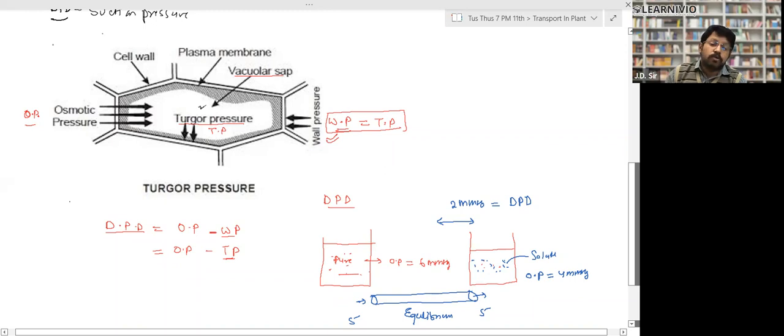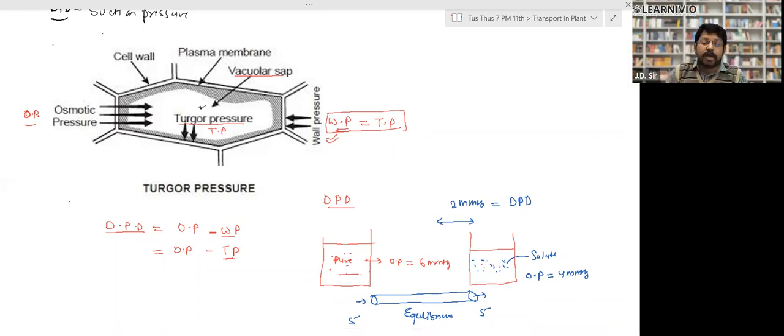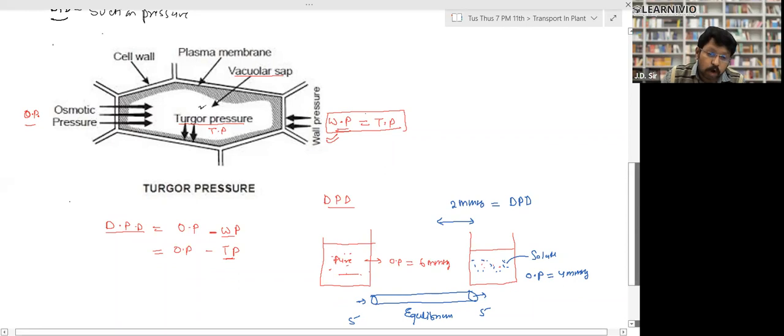When this vacuole or these water molecules push the cell wall outside, then the cell wall will also push it back, right? So that is called wall pressure. The pressure imparted by the cell wall inside is wall pressure. The pressure imparted by water molecules outside is turgor pressure. And wall pressure is always equal to turgor pressure. WP is always equal to TP, right? Clear?